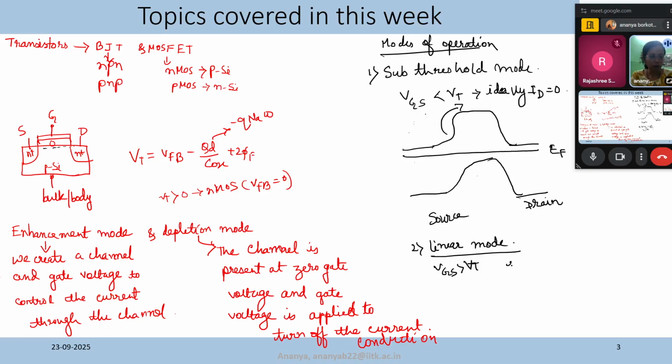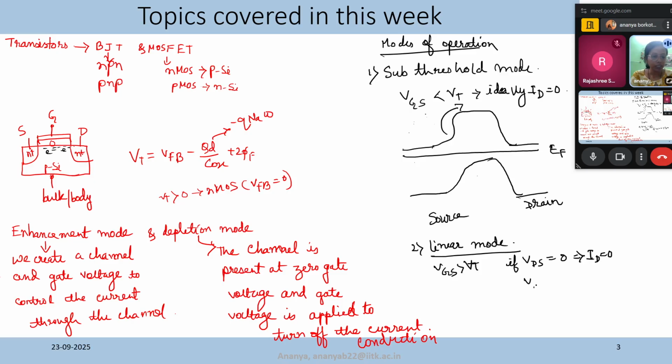But if our VDS is 0, then our current will still be 0, because these electrons will just lie around. There is no electric field between source and drain, so the electrons will not move in any net direction. They move in random directions, and overall the current will be 0.